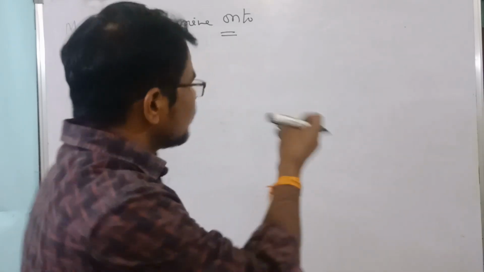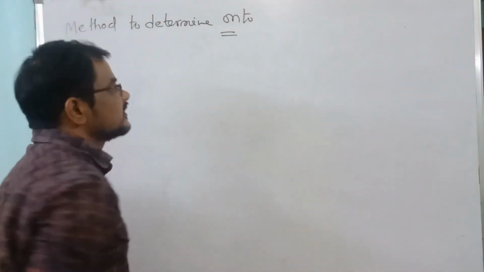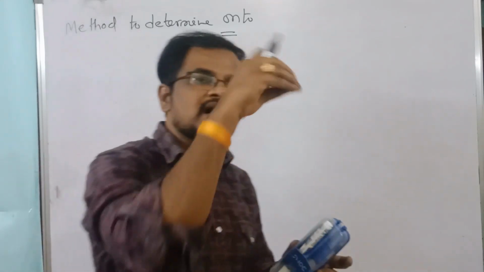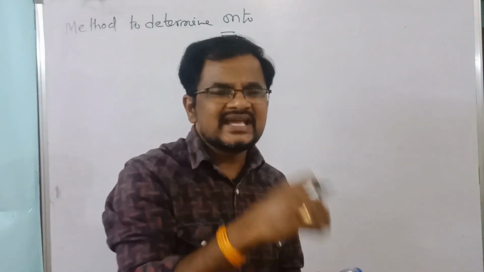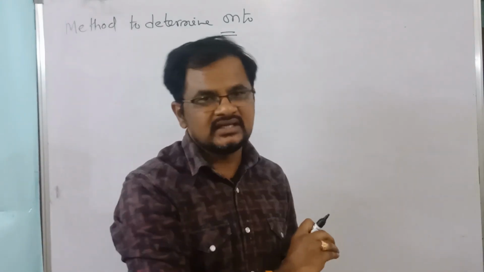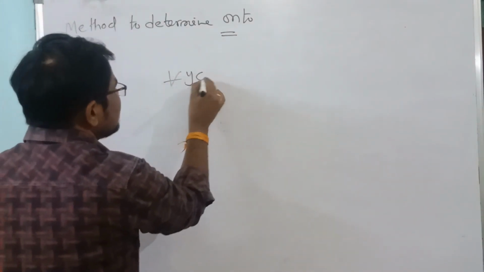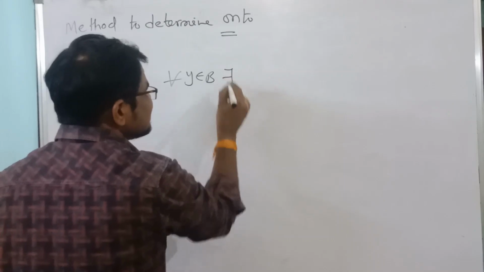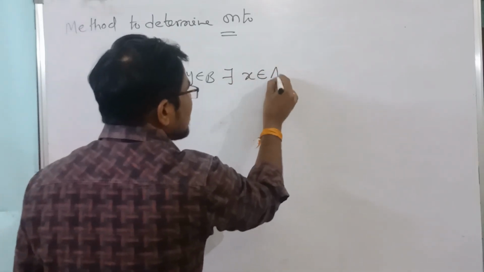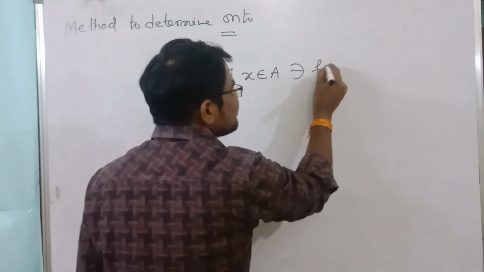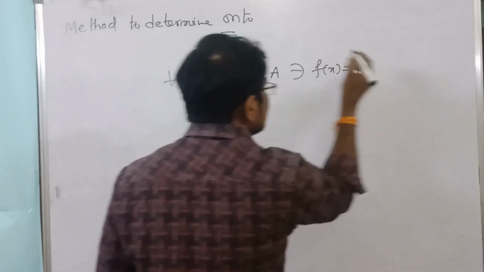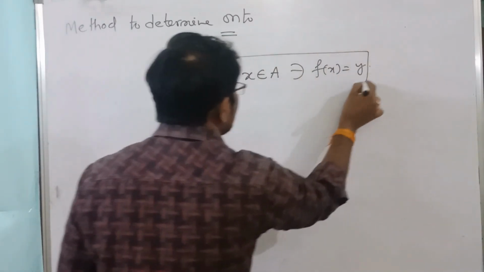To determine whether the given function is onto or into, what is the definition of the onto function? Every element of B has at least one preimage in A, right? That is nothing but: for all y belongs to B, there exists an element x belongs to A such that f of x equals y. So this is most important.